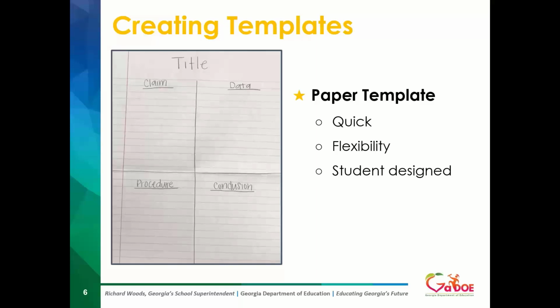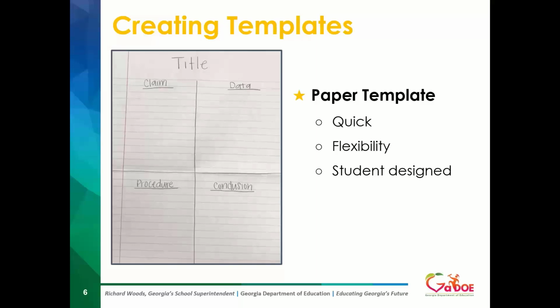So when I use a sheet of paper as a template, I will have a slide on my board in my classroom, and it's probably a picture or it's a question. And then my students will have to create a title about what they see on my board. And then I have them fold their paper to create 4 separate quadrants.